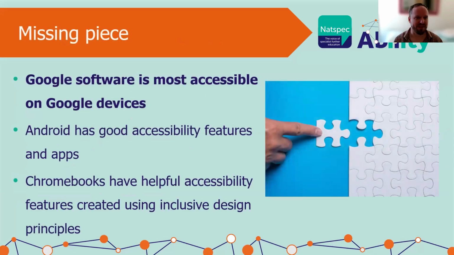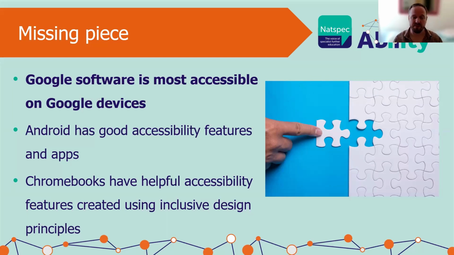So for me, especially after looking over this again, the missing piece is that Google software is most accessible on Google devices. I think that's been their approach in terms of they want you to access their tools on a Chromebook or Android. So there are accessibility tools on other platforms, but that's how they design it. So the best tools I would say are on Google devices with Google software in the Google workspace.